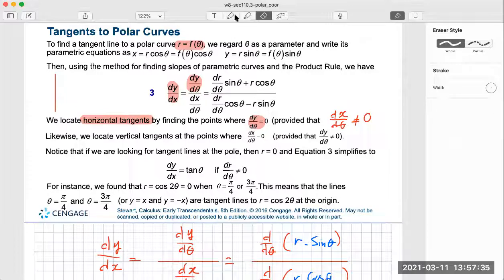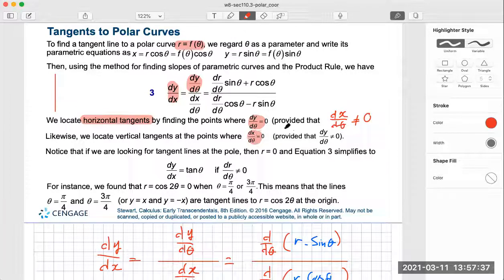It means that we need to check these conditions: dx over d theta is equal to 0, and dy over d theta should not be 0. We should check these two conditions. And in a special case, when both dx over d theta and dy over d theta are 0 at some point, then we cannot apply this formula immediately.